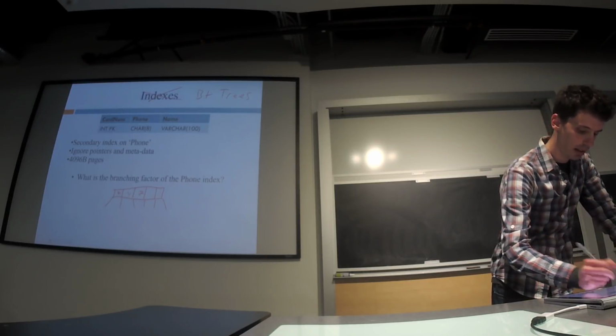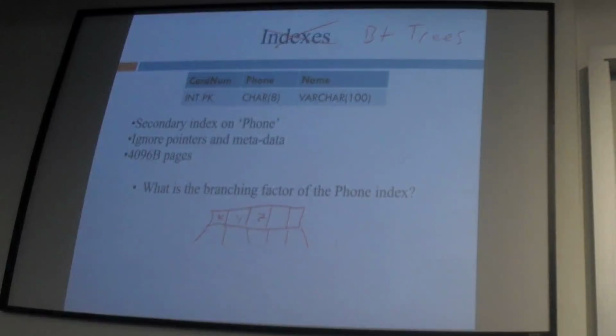The first thing we need to answer is how many keys are there? How many of these things will fit into an internal node in this index? Scott: 4096 divided by 12. So 4096 divided by 12? I think 12: 8 plus 4 for the primary key.